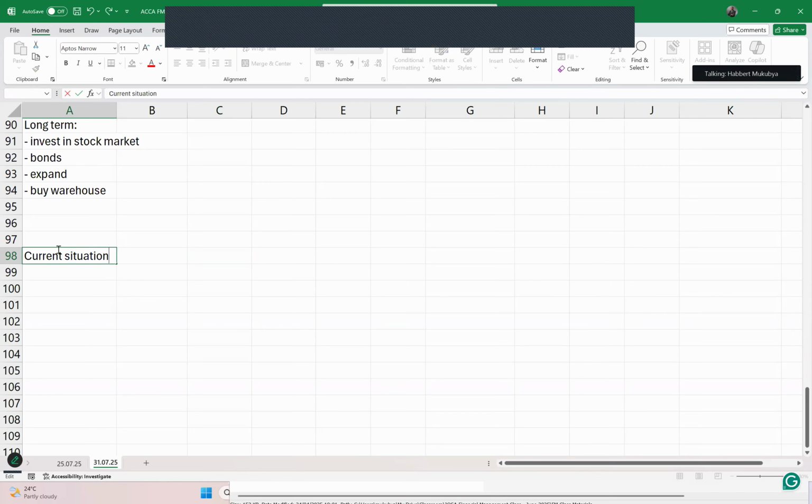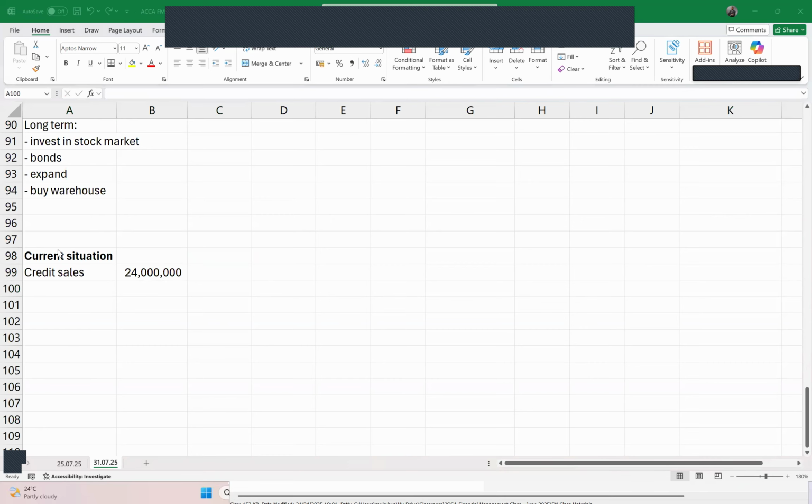So the current situation is we have credit sales of 80% times 30 million, which is 24 million. Those are the credit sales.